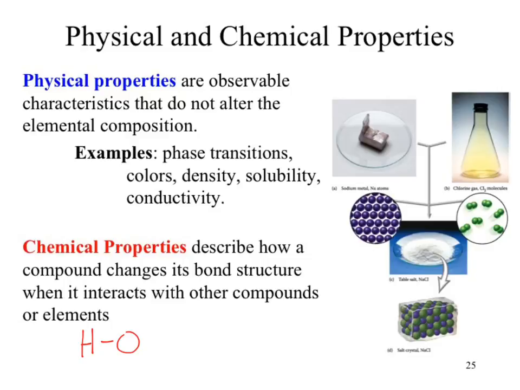Anybody know what OH is? It's fine. You don't have to know. You will eventually learn this. Hydroxide is its name, which you will learn by the end of the semester.